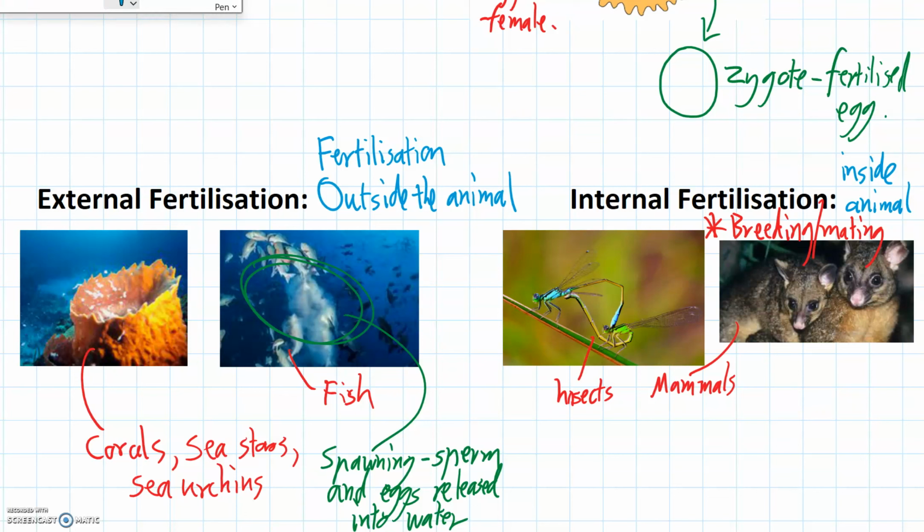You can see with these insects here, you might have seen dragonflies flying around like this. They actually mate for a whole day, and they fly around attached while they're mating for at least 12 hours or so. And the sperm get transferred from the male to the female. And the same with possums, and the same with humans as well, us being mammals. So in internal fertilization, the sperm gets deposited from the biological male to the female, and then fertilization happens in the female somewhere.